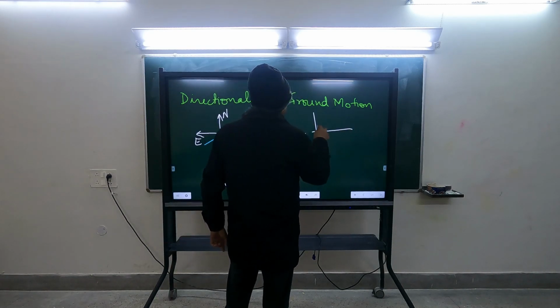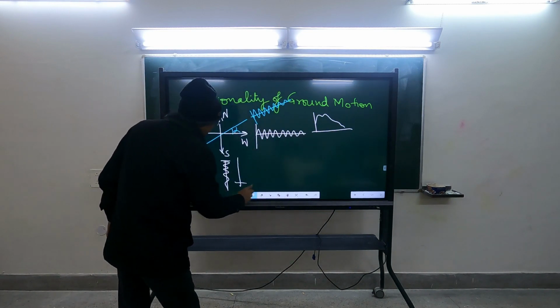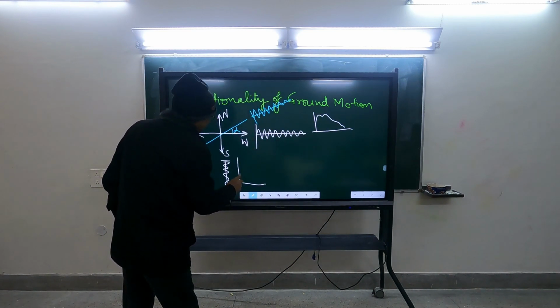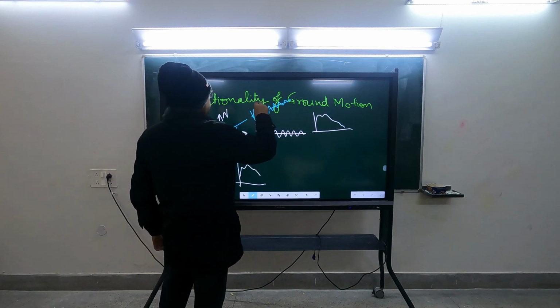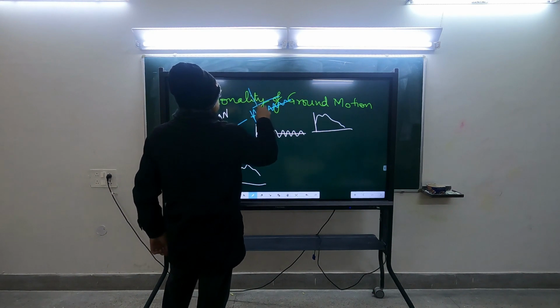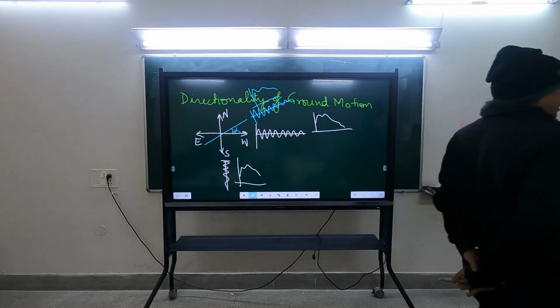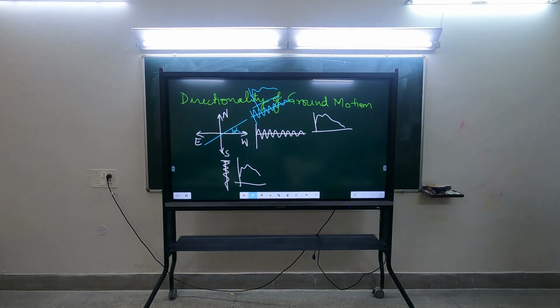So you will have one response spectrum here, another response spectrum for this ground motion, and this response spectrum is going to be different. So one of the questions is which response spectrum I should use.